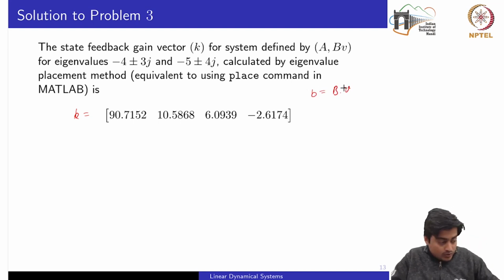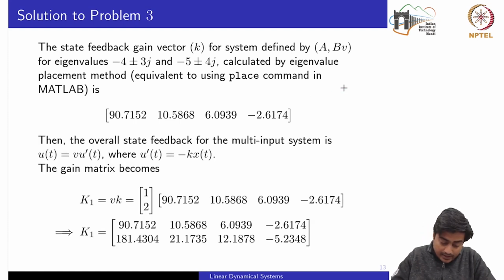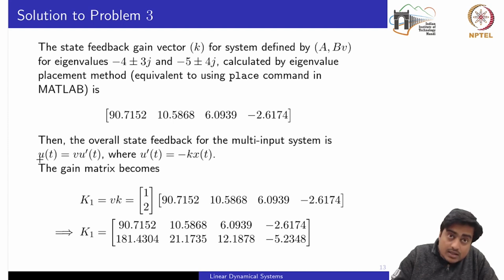But we want to synthesize this K, and we can do this by computing the original control input signal U as V times U dash, where U dash is now minus K times X. So now we compute this K1, which would be the multiplication of this V column vector and this K row vector.